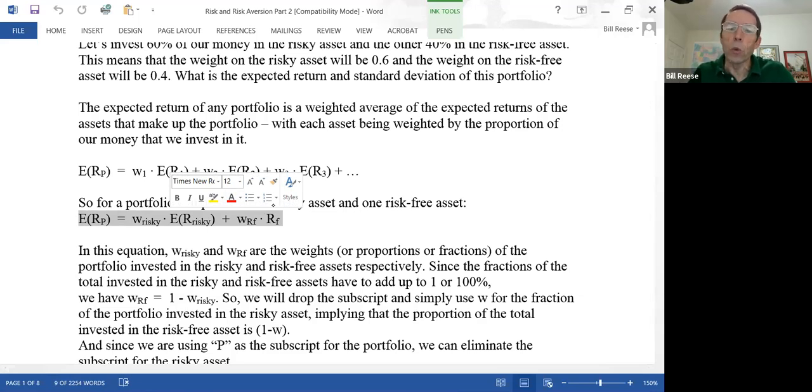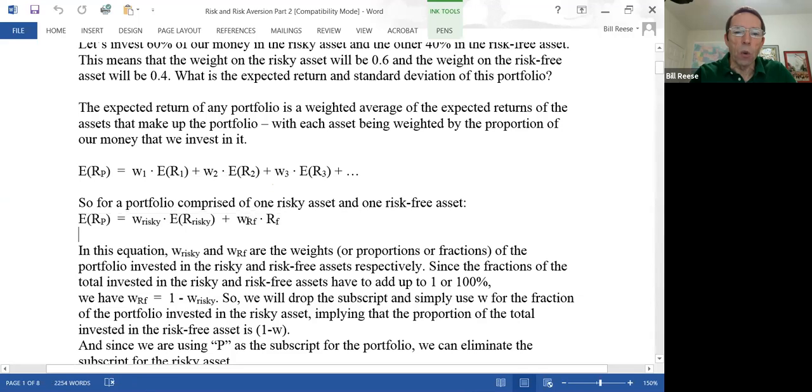But it's going to be very helpful for us to get rid of one of the variables. So we're going to take advantage of the fact that the weight on the risky asset plus the weight on the risk-free asset equals 1.